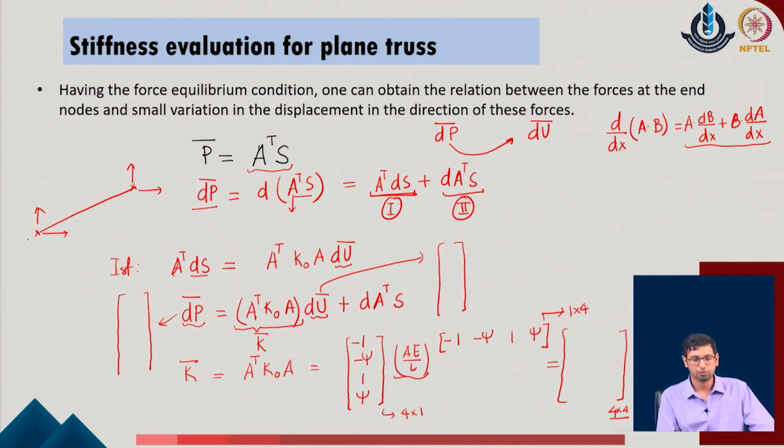For the first expression, when we evaluated, we got the overall value of A transpose into ds. ds was replaced with k naught A into du bar in the given system, which means I am trying to connect this overall system in terms of the nodal displacement values. The intention is very clear: I want the relationship between dp bar and du bar of the given system. So, as I substitute this expression, I get one part of the parameter into du bar plus the second expression, which we have still not worked out.